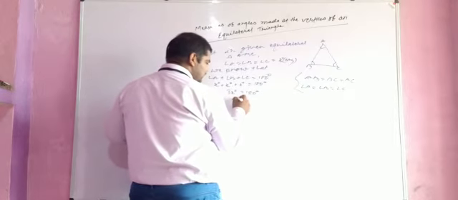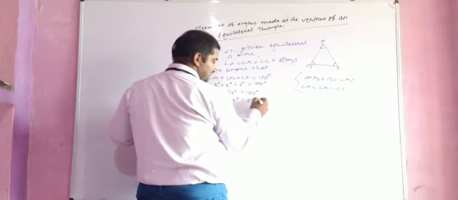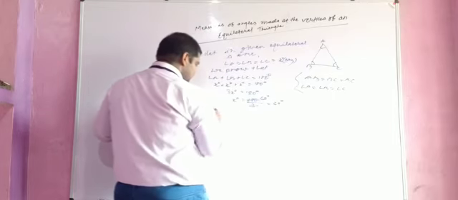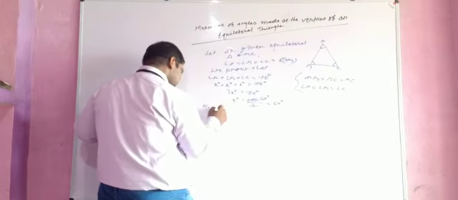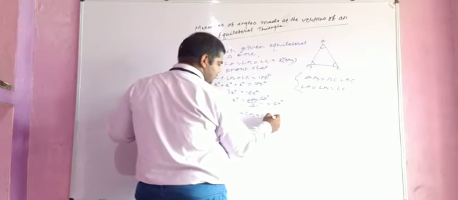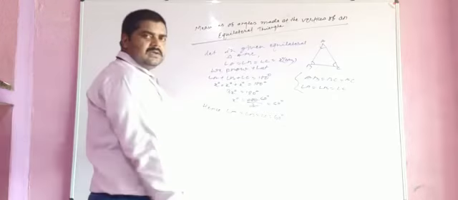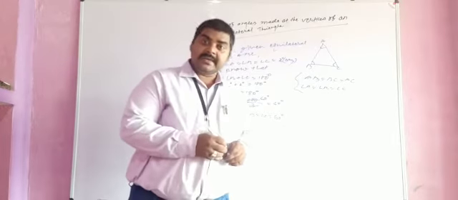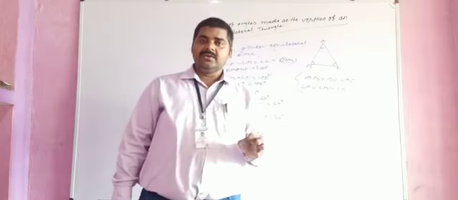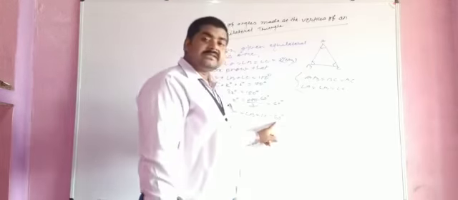Therefore, x degree is equal to 180 upon 3, and you may write 60 degree. Hence, angle A is equal to angle B is equal to angle C is equal to 60 degree. And you can say by this verification that each angle of an equilateral triangle is equal to 60 degree.